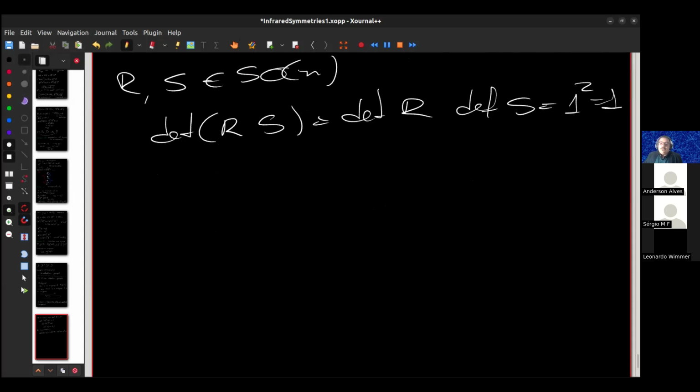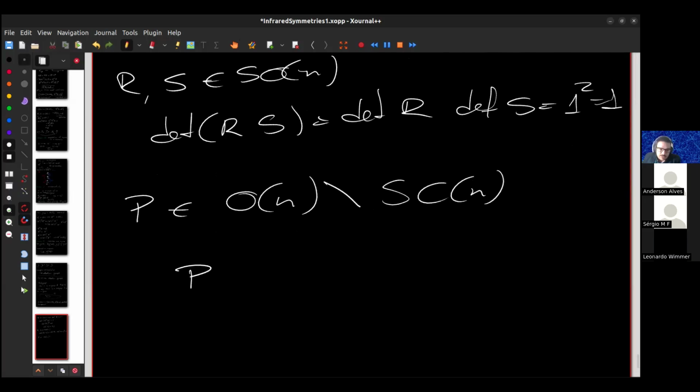Let me give you an example of a rotation that is not of that form. I'm going to consider the rotation P in O(N) minus SO(N), this is the minus for sets. An example for this is P, let me take n equals 3.